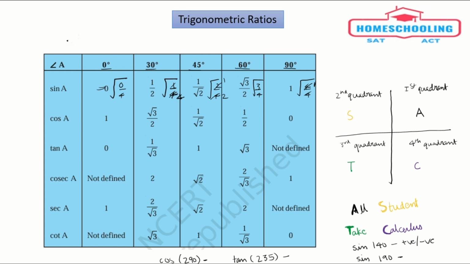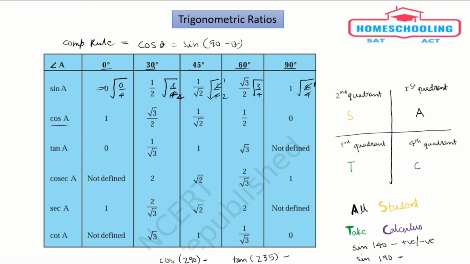As we know the complementary rule that cos theta is equal to sine 90 minus theta. So cos 0 degree, if you put 0 here, would be sine 90. So as you can see, sine 90 and cos 0 are equal.